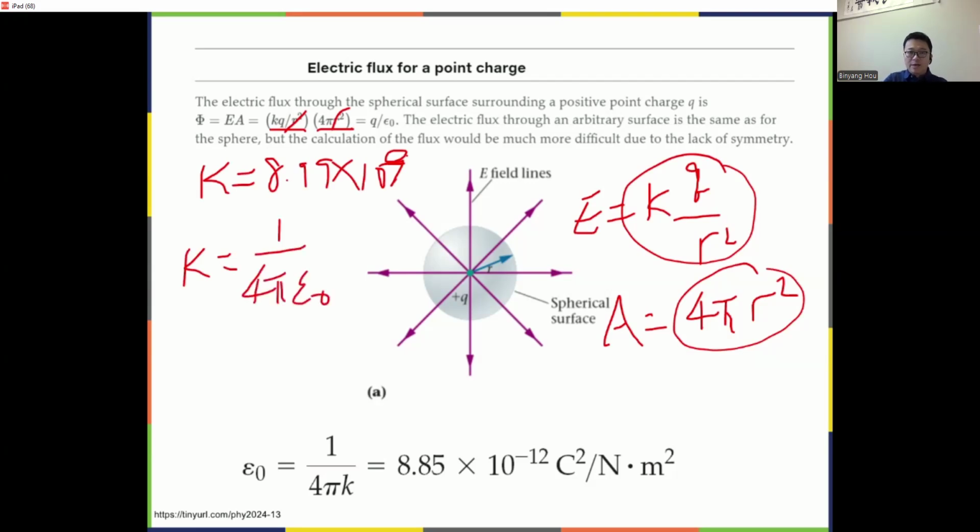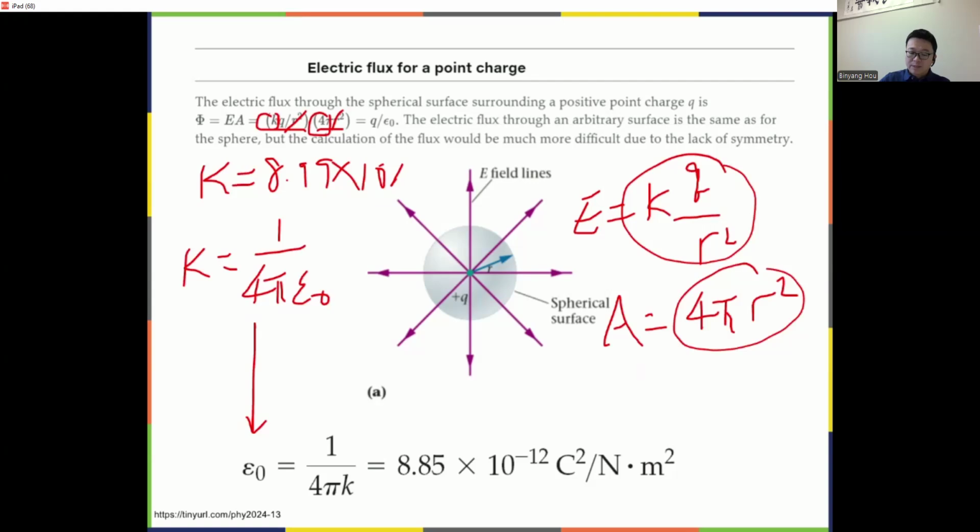So if we rearrange the terms, you get that epsilon naught is equal to 1 over 4 pi times K. So the 4 pi times K here is equal to 1 over epsilon naught. So at the end, the result should be just that Q over epsilon naught, and that will be your result there.